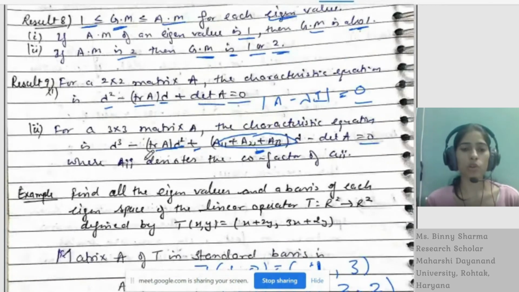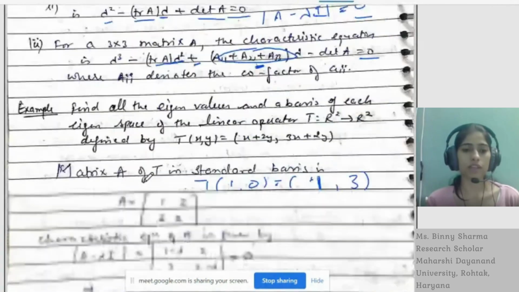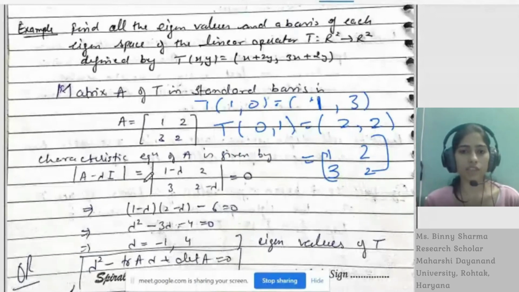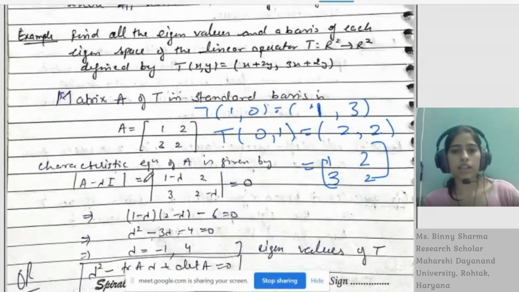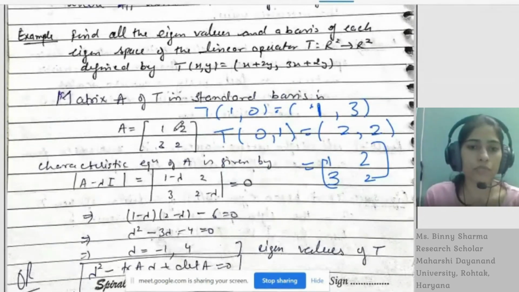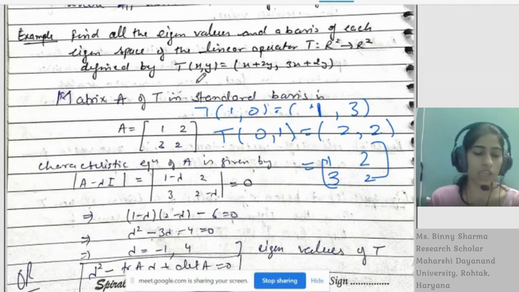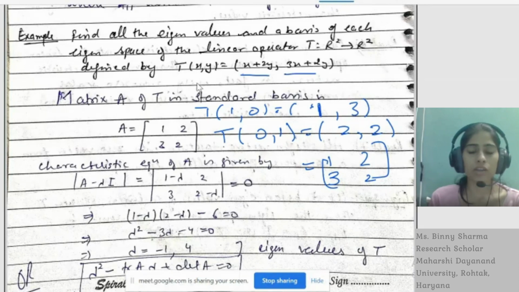Now we apply all those results in this example. So you must get an idea how to find the eigenvalues and basis of each eigenspace of the linear operator. Okay, so this is an example. We have a linear operator T, defined as T(x, y) equals (x plus 2y, 3x plus 2y).